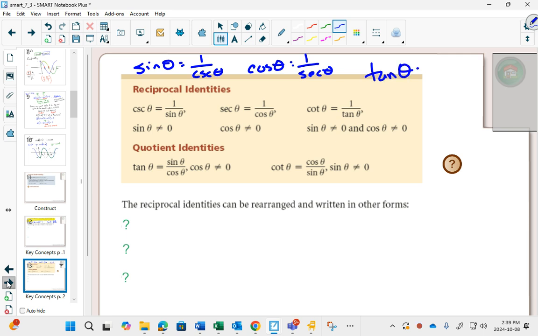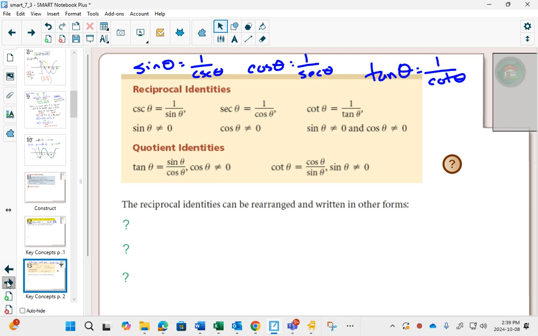That also means that tangent of theta is 1 over cotangent. But we also have our big idea that tan was sine theta over cos theta, and since cotangent is the reciprocal of tangent, cotangent theta will be cos theta over sine theta. And so to start off, these are the tools we're allowed to use.